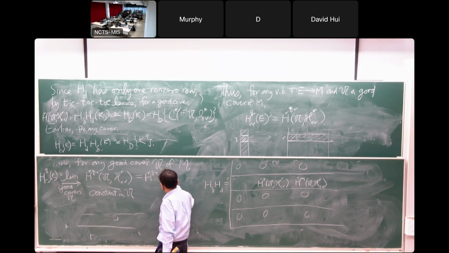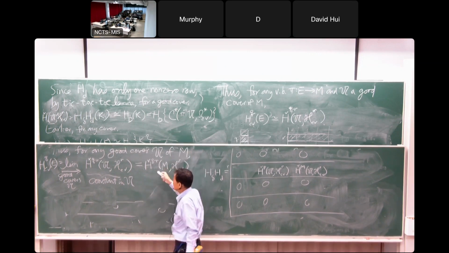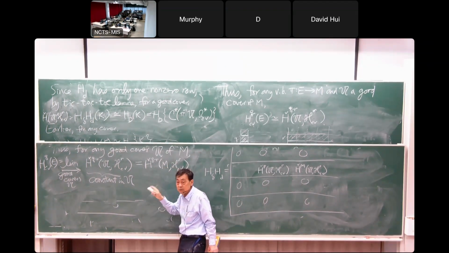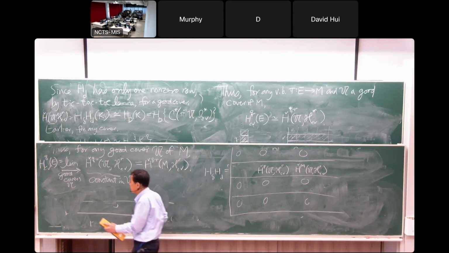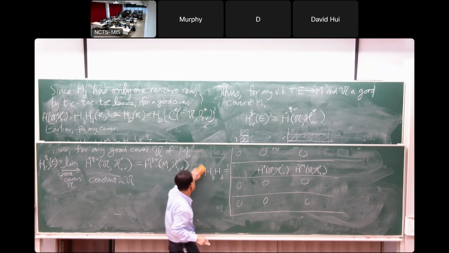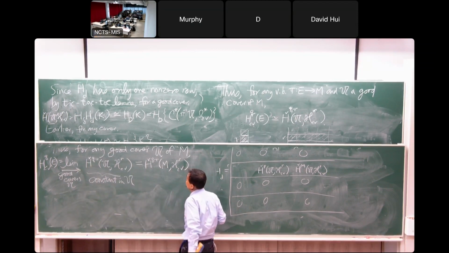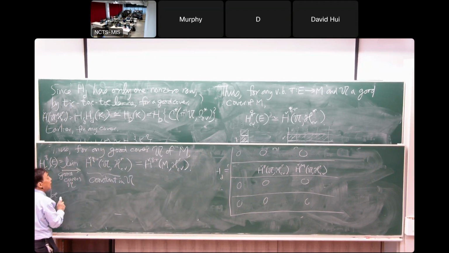And here the topological space is M. The definition of Čech cohomology is that it's the direct limit over all open covers. But because good covers are cofinal, you can use good covers to calculate Čech cohomology. We showed that earlier.